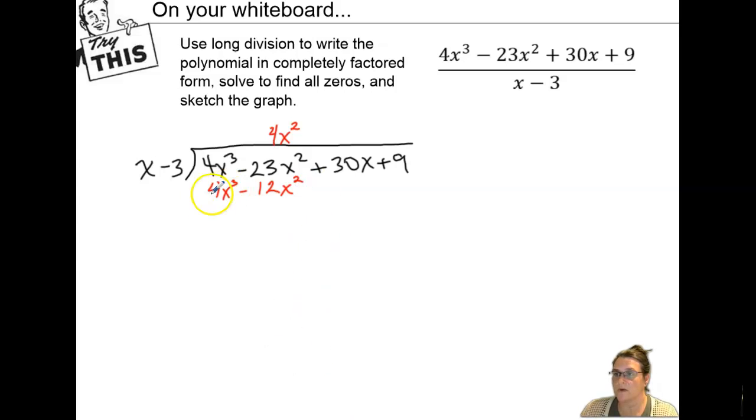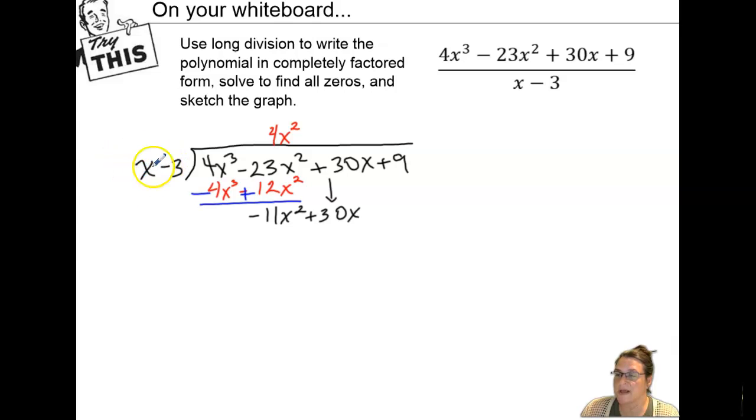Okay, then we will draw a line and change both signs and then combine like terms. 4x cubed minus 4x cubed is 0. Those cancel. -23x squared plus 12x squared is a -11x squared, and we'll bring down our next term, which is positive 30x, and then repeat the algorithm.